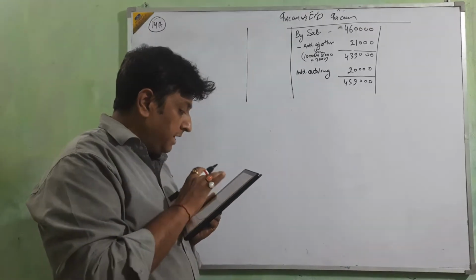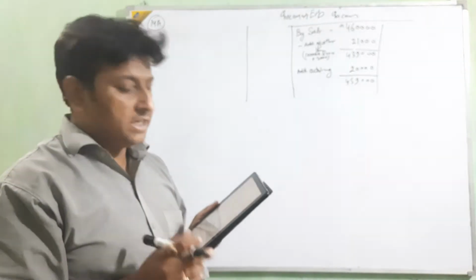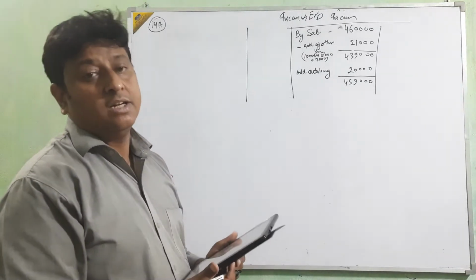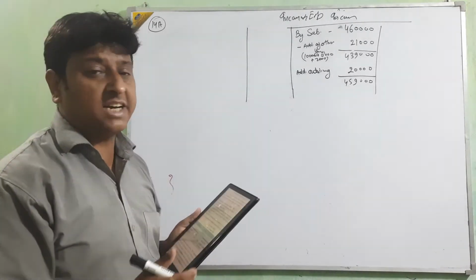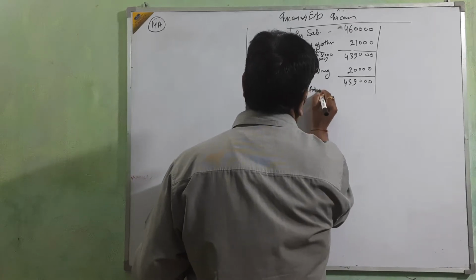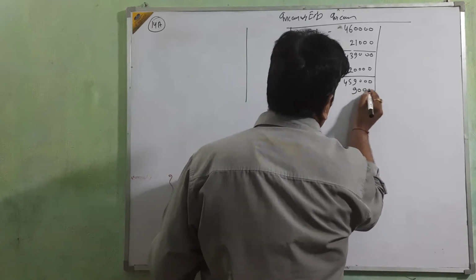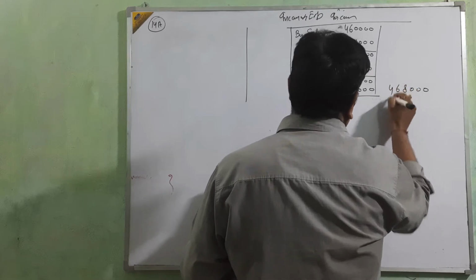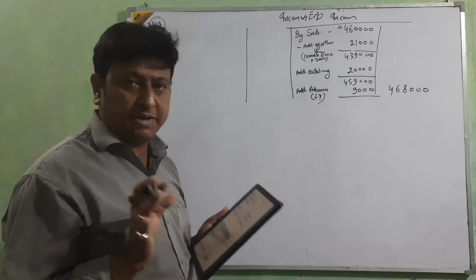Next, the subscription received in advance in 2018 is only for the year ended 31st March 19. It's for 19, but you received it in 18. It means it's an advance of last year. So last year's advance will be added, beta. Add advance of last year 9,000. The total amount is 4,86,000. The answer will come, beta.